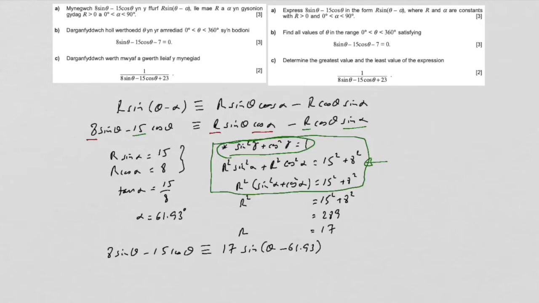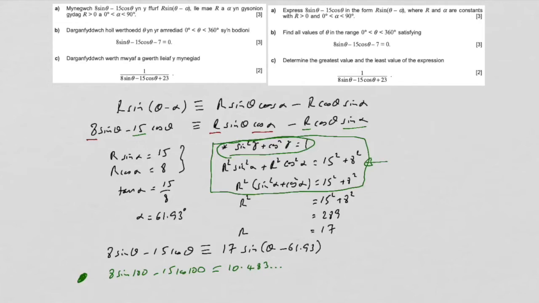If at this point you wanted to check, you could put a random angle in and see if it works. So, as I've mentioned in some of these videos, you might make a little mark here, and you could put, I don't know, 100 degrees in, whatever. So we could try 8 sine 100, take away 15 cos 100, and that comes to 10.483 to 3 decimal places.